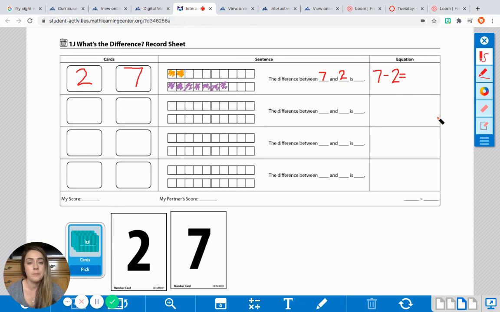So now you guys think for a second, what is 7 minus 2? You could also go over here if you need to see something, a visual. If I have 7 purple Unifix cubes and I take away 2 of them, how many do I have left? 5.